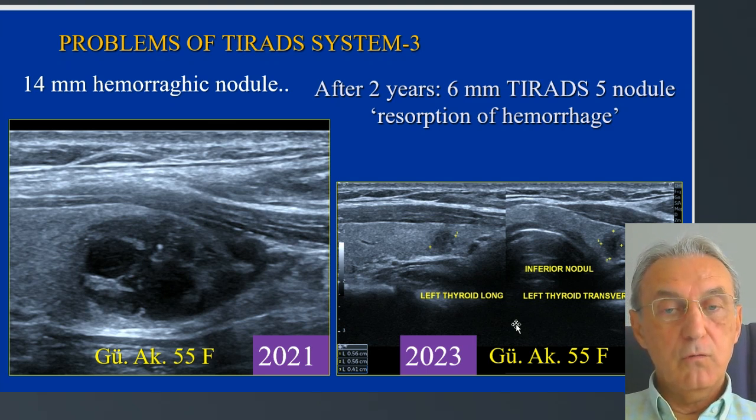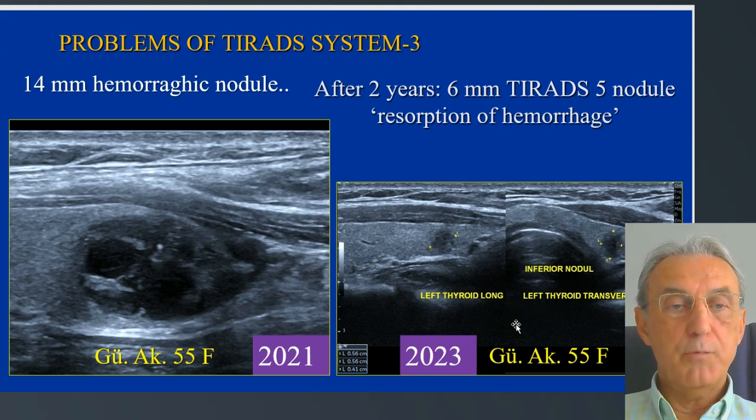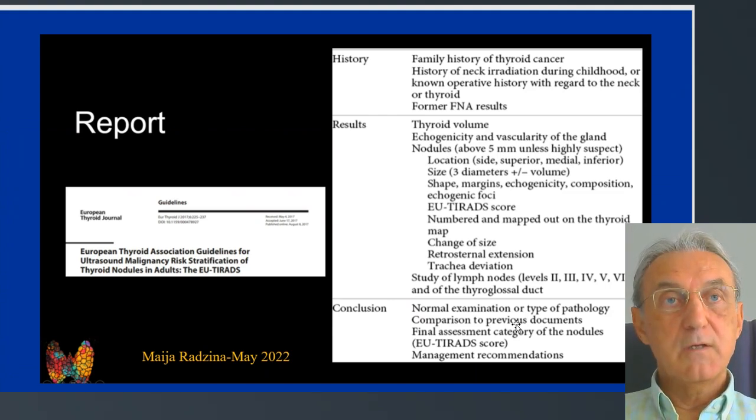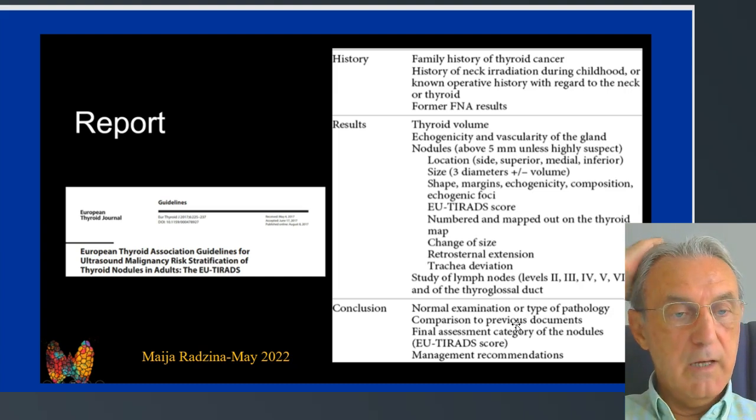Then we should not do anything for these nodules, because we know that, for example, in this case, 2 years ago it was a big hemorrhagic nodule and it became small. The resorption of the hemorrhage made it smaller. So we should not biopsy these cases. We should keep in mind that some big hemorrhagic cystic nodules become smaller and look like TI-RADS 5 nodules.